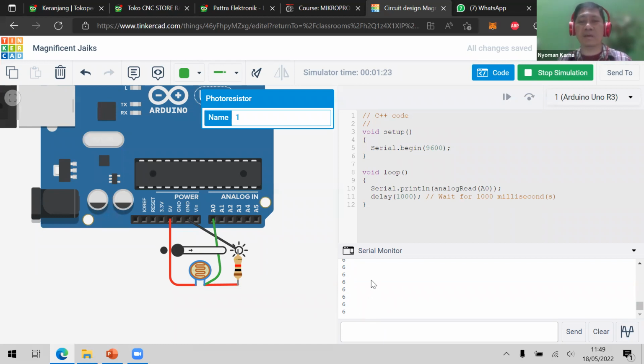So now we can see that if A0 returns a value of 6, then it can say that it is very dark. So let's try to enhance our program.